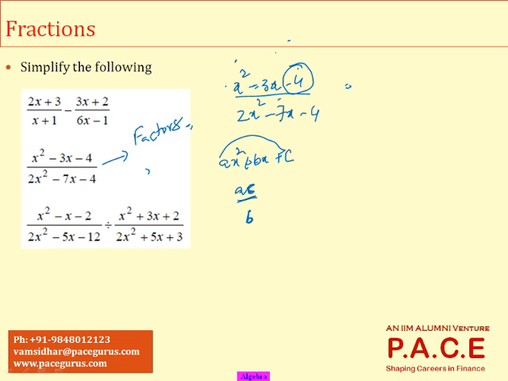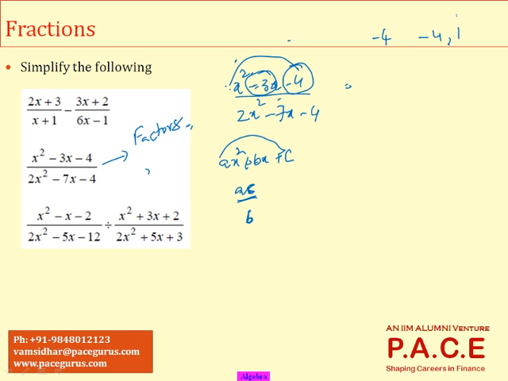So here, what is AC? I'll do it with two of them, so you get comfortable. A is 1 and C is minus 4. So I need to find the factors of minus 4 such that when I add those two, it is equal to minus 3. When I multiply them, it should be equal to minus 4, and when I add them, it should be equal to minus 3.